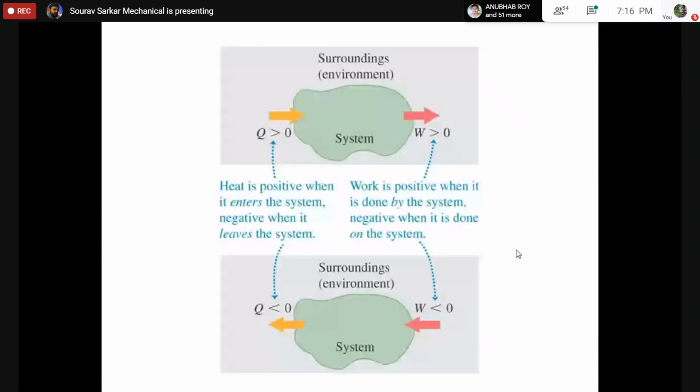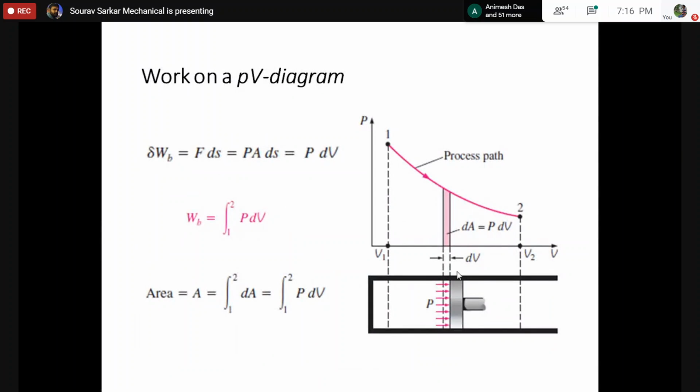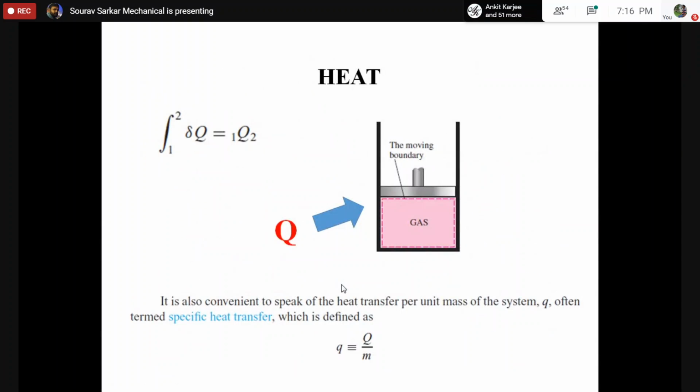So simply, whenever you write the integration from 1 to 2 of dq, you cannot write it as q2 minus q1.